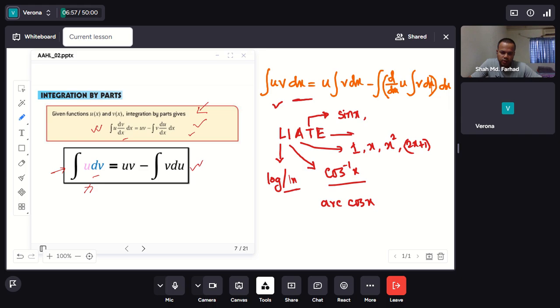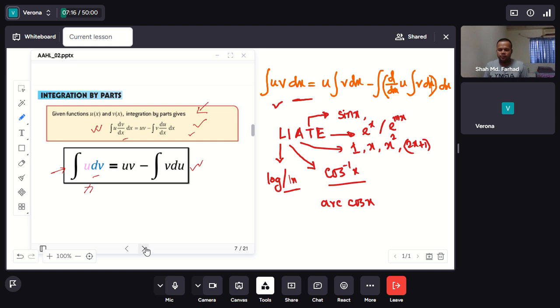And E is for exponential function, that is e to the power x or e to the power mx, where m is a number. Is it clear to you?